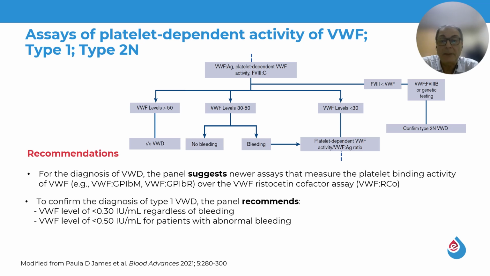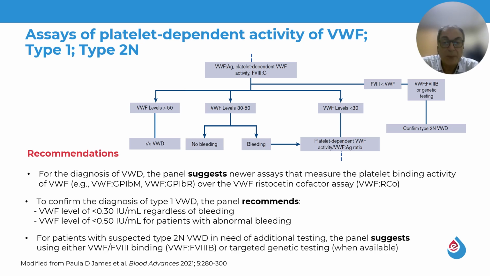In this regard, the panel remarks that von Willebrand factor level refers to antigen and/or activity. The local laboratory cutoff should be used if it is lower than 50%. ABO blood group specific reference ranges are not required, and von Willebrand disease diagnostic testing should be performed when patients are at the baseline state of health.